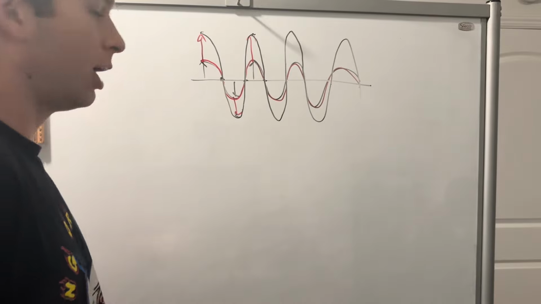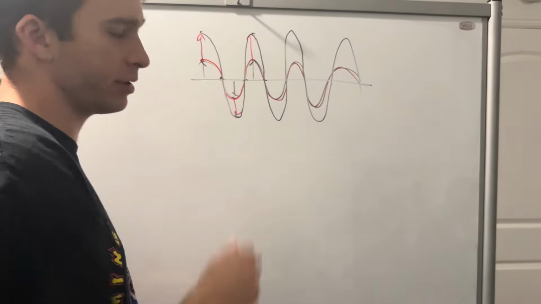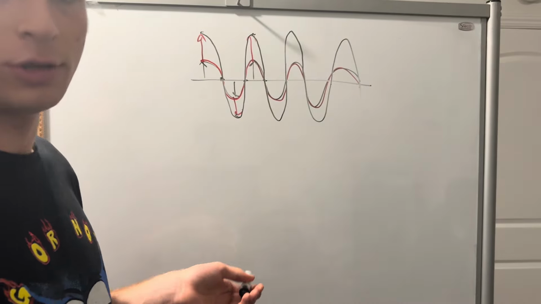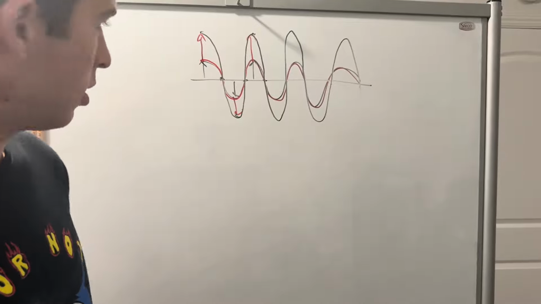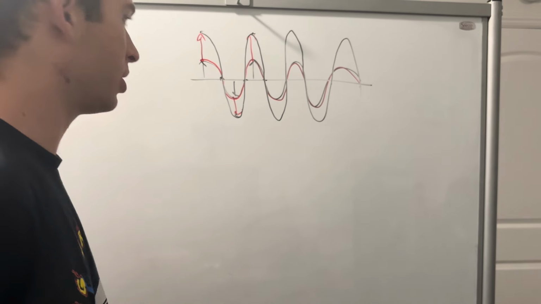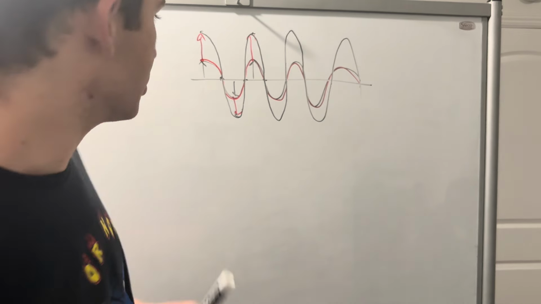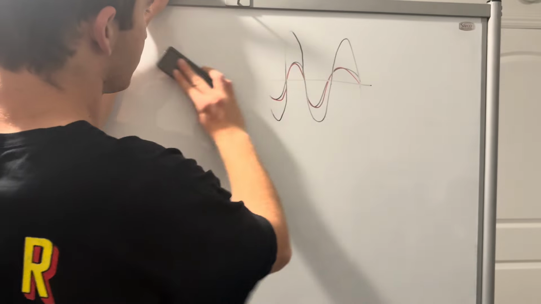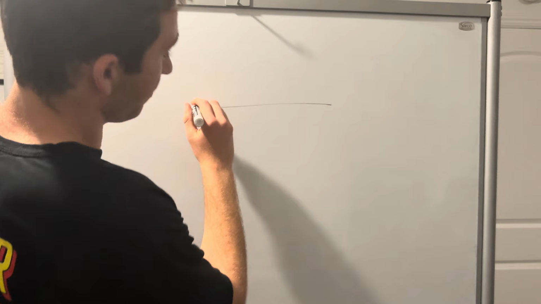So how much would I have to move this red wave to have it still constructively interfere? Well, I want to move it to where the waves are starting at the same spot again. So if I erase it and redraw the wave, I'll draw this black wave first.